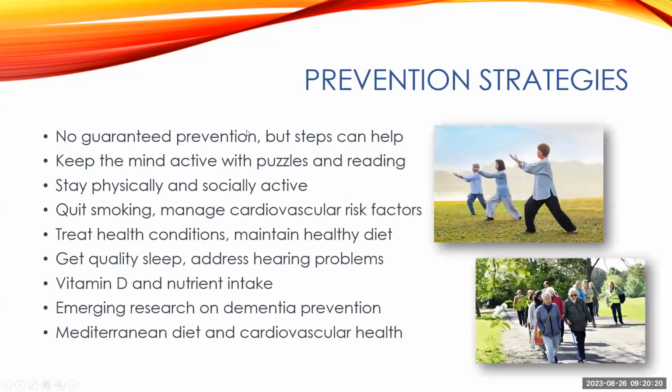Preventions. We know about the risk factors, so here are the preventions. You see the list of preventions that you can consider over here. Pay attention to staying active, staying physically active and socially active. There are some studies showing that doing Tai Chi, the exercise where you have to remember the moves and practice in groups, really helps with memory.